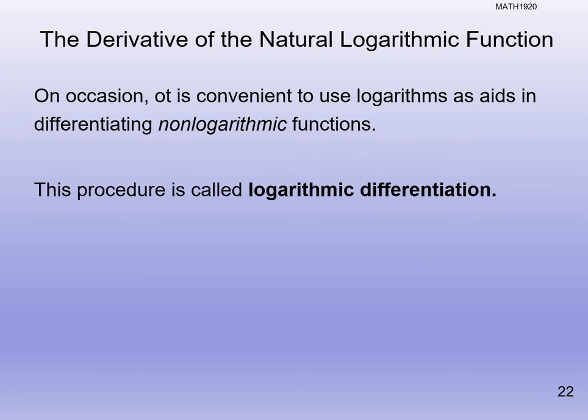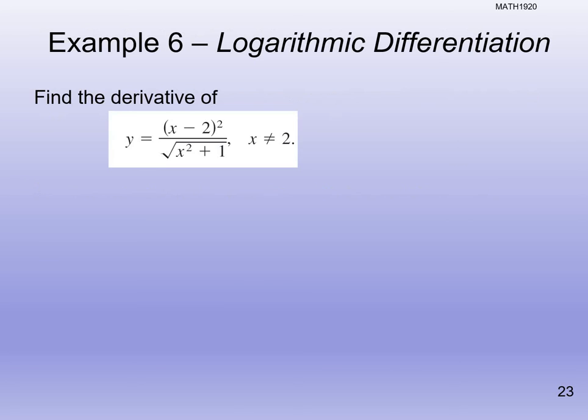Okay, now sometimes it's easier for us to use logarithms in differentiating non-logarithmic functions as well. We call that logarithmic differentiation. Notice, what does that really mean, all that verbiage we just went through? Notice this isn't a natural log function yet. It's a y equals, and it's a quotient rule.